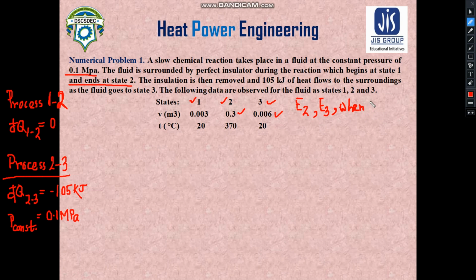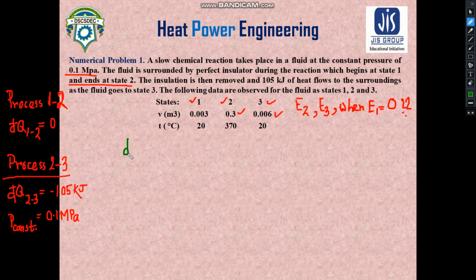You need to calculate the internal energy at state point 2 and state point 3 when the internal energy at state point 1, U1, is 0. So this is a very simple application of the first law of thermodynamics. It is very easy to understand.